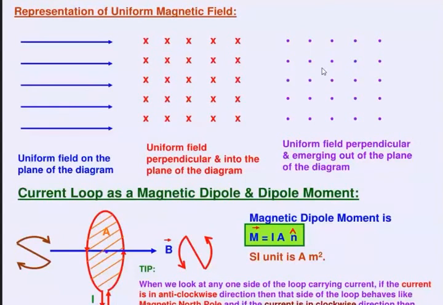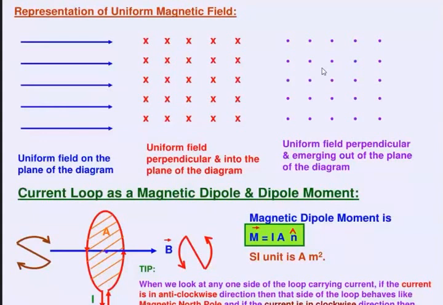So if we represent the magnetic field by imaginary lines, these imaginary lines must convey all the information that a magnetic field consists of. Only then can it be the actual representation of the magnetic field.